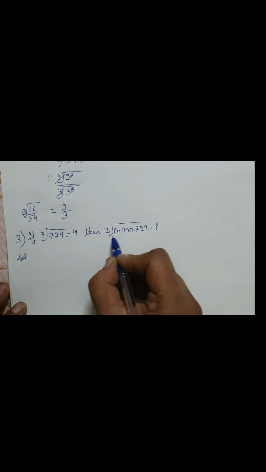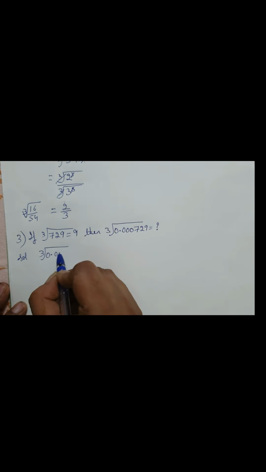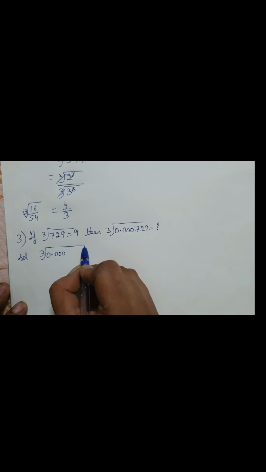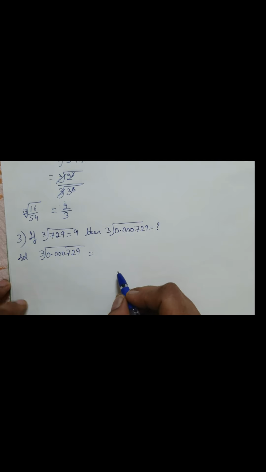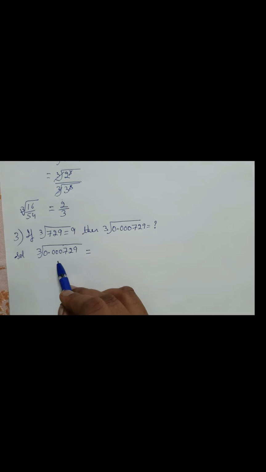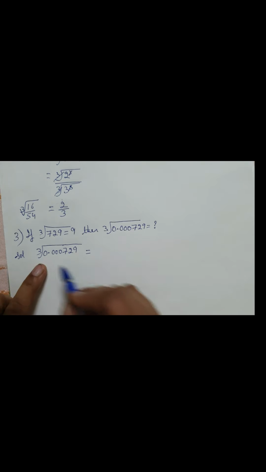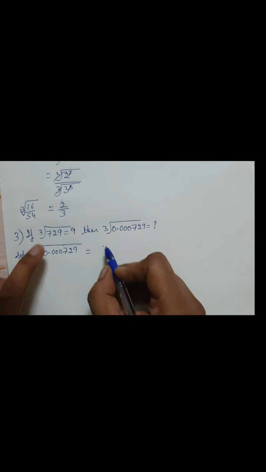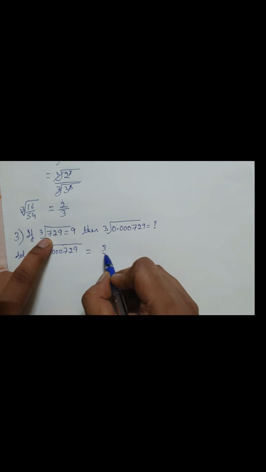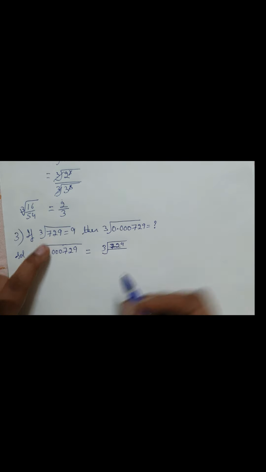This is solution. We will write over here cube root 0.000729 is equal to, now children, this is in the decimal fraction. We have to make it into simple fraction. Okay. So first we will write this number here, cube root and 729 upon.